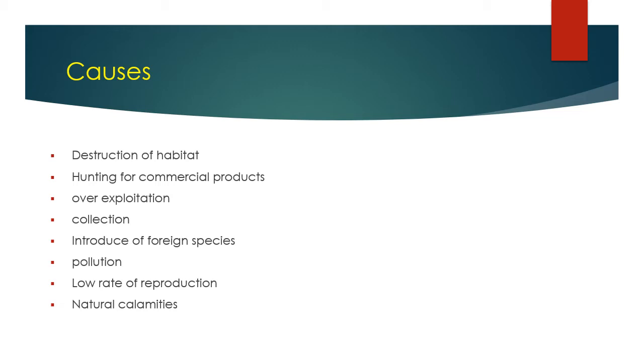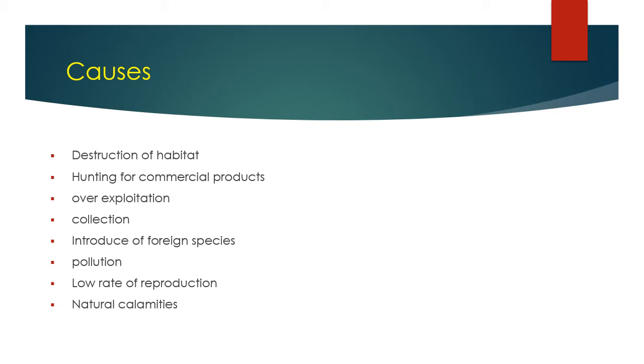Then the next one is overexploitation. Overexploitation is excessive harvesting of marine organisms such as fishes, mollusks, sea cows, sea turtles, and sea horses, resulting in the extinction of these animals.